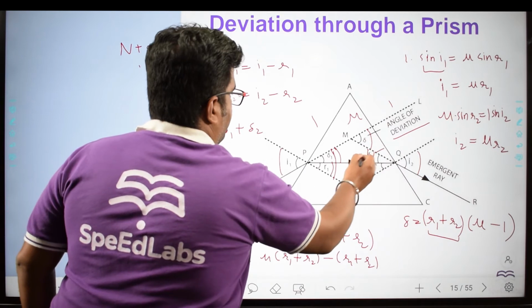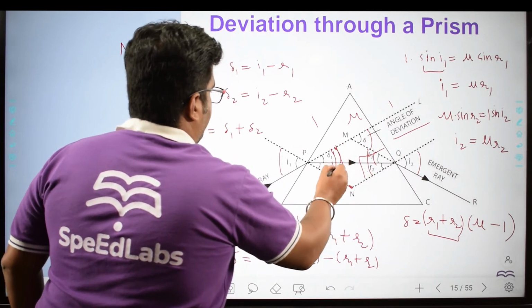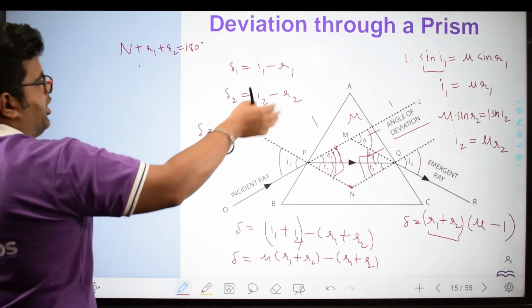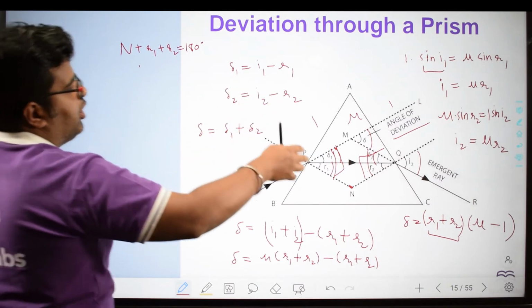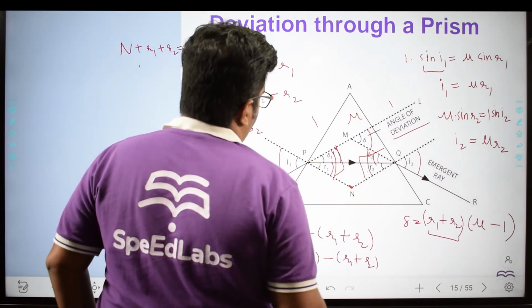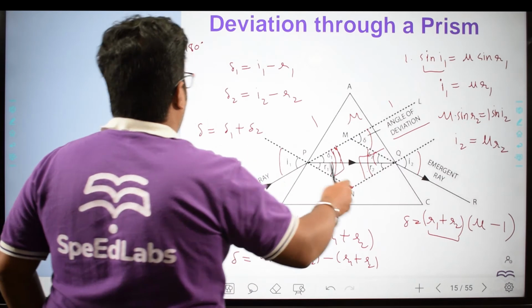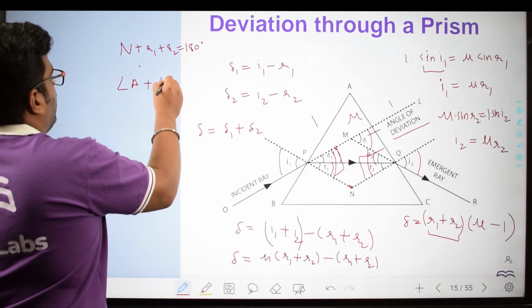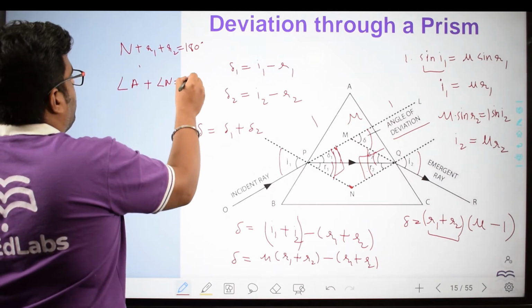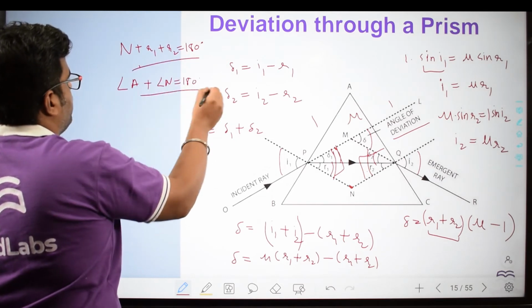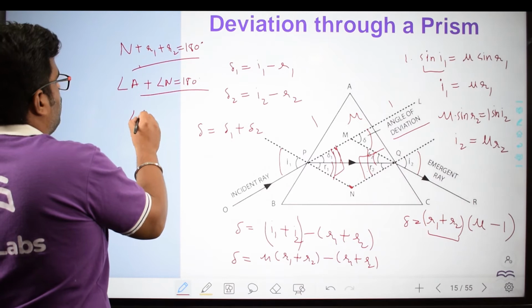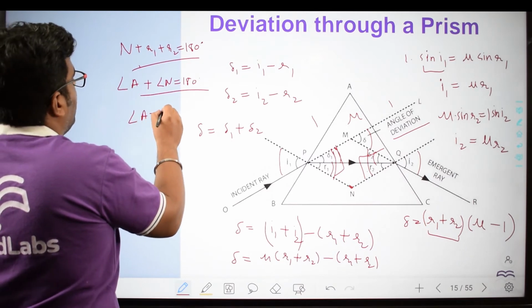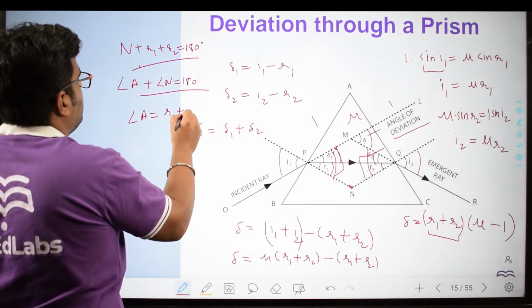So this angle will be 90 degrees and this angle will be 90 degrees. So it's a quadrilateral, and the sum of all the angles of a quadrilateral is 360. So the sum of angle A plus angle N is also going to be 180 degrees. Now from these two equations we can conclude that angle A is equal to R1 plus R2.